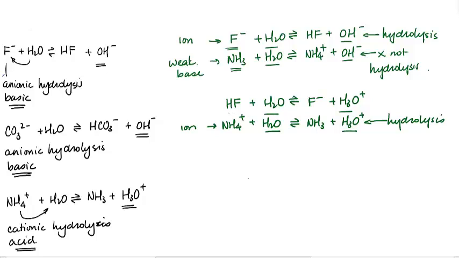But when we take a look at HF reacting with water, the HF over here is a weak acid. And as such, because HF is a weak acid and not an ion, this would not be considered a hydrolysis. So hopefully this little bit at the end helps you to distinguish between a hydrolysis reaction and a non-hydrolysis reaction.